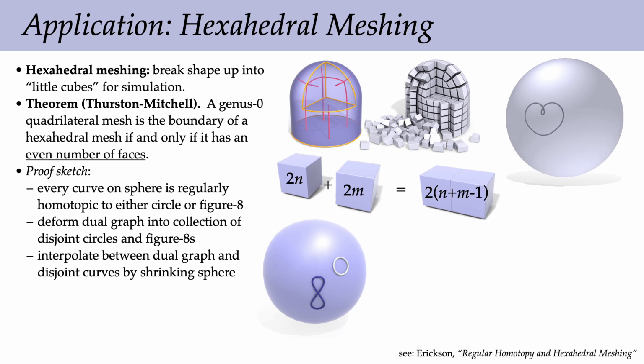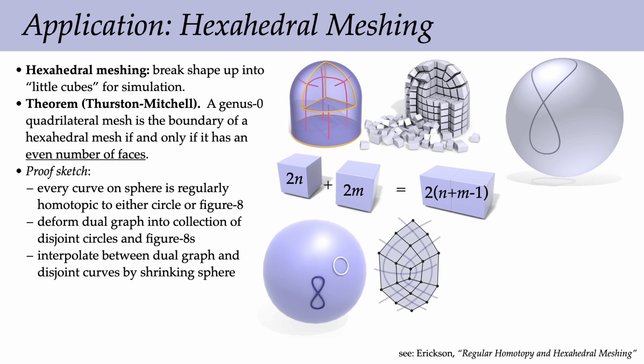I can imagine that the way I do that is I actually shrink the sphere. I start with my original quad mesh and I start shrinking it. As I shrink it, I follow this regular homotopy to my circles and 8s. During that process, at any moment, I can stop and say, every quad mesh defines this dual network of curves, and likewise, every dual network of curves defines a quad mesh.